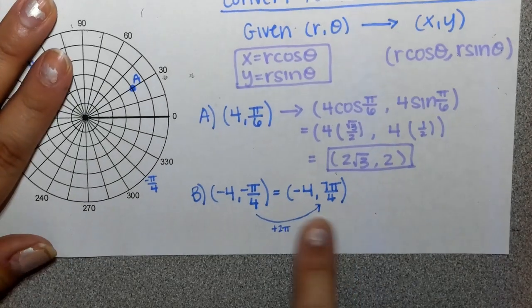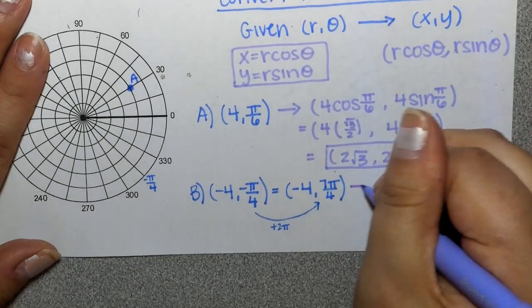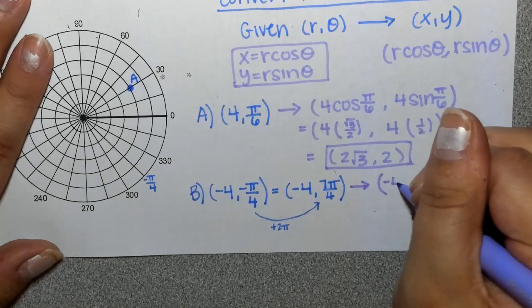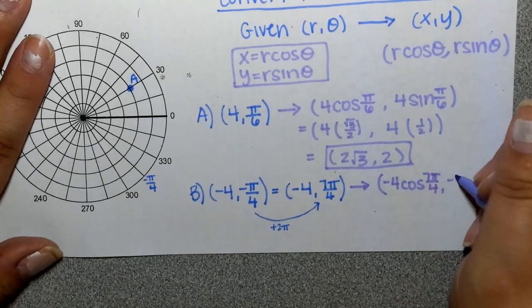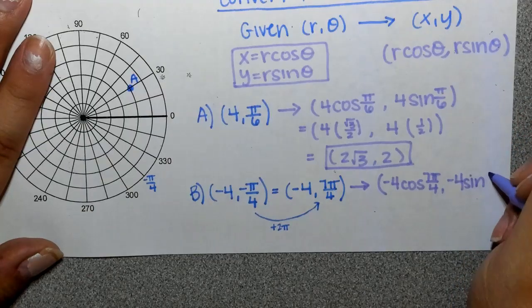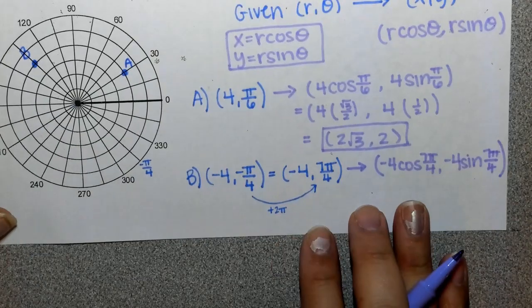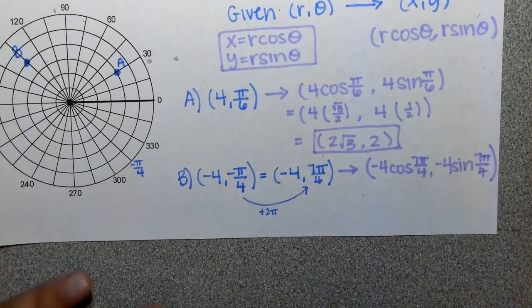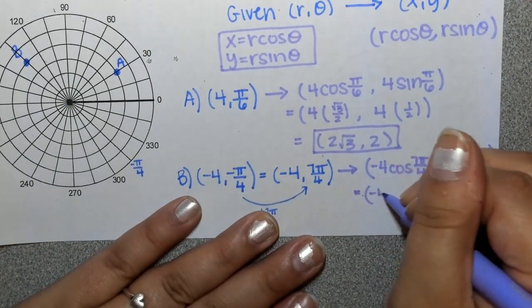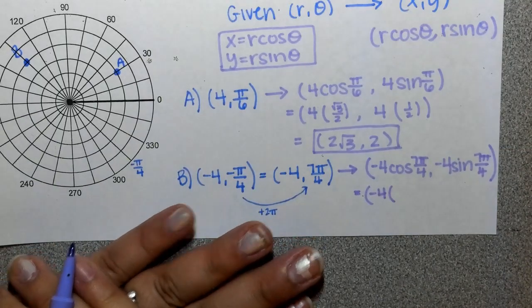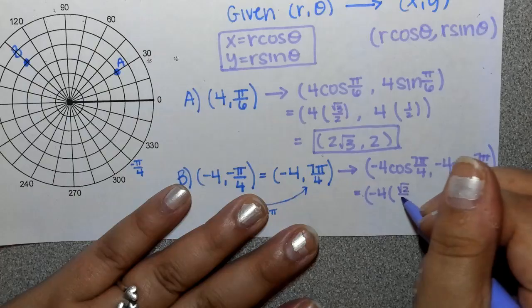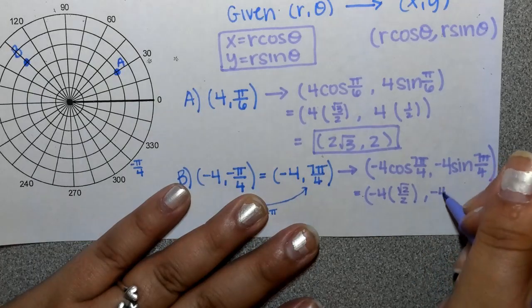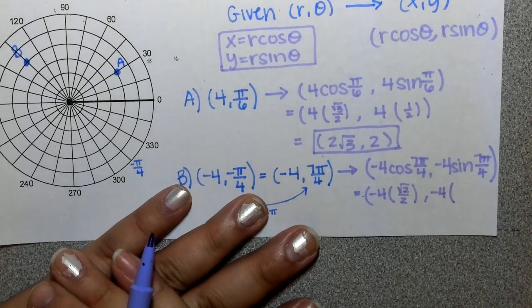I would now use this point to convert. What is the cosine of 7 pi over 4? What is the sine of 7 pi over 4?